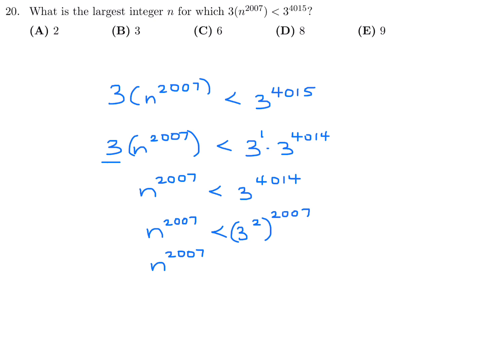So n to the power of 2007 is less than 9 to the power of 2007. So there we go. This is what we've boiled it down to. And if you stare at this, the largest value for n, well, n obviously is less than 9. So the largest value of n less than 9, that is an integer, is n equal to 8. So number 20, the answer is D.